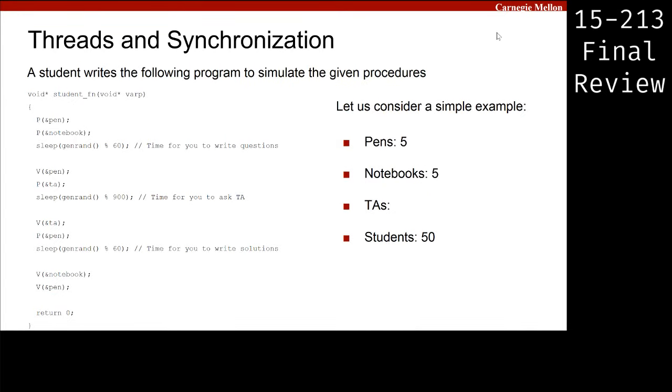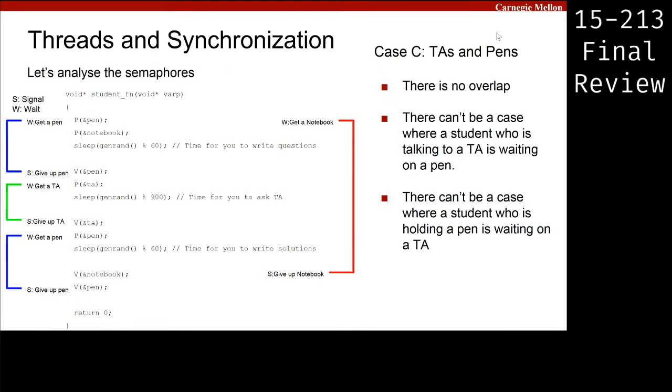All right, so like I said, you have 5 pens, 5 notebooks, 3 TAs and 50 students. Okay, let's just consider case C, where you're analyzing the deadlock between pens and TAs. As you can see, you take a lock on the pen and you give it up.